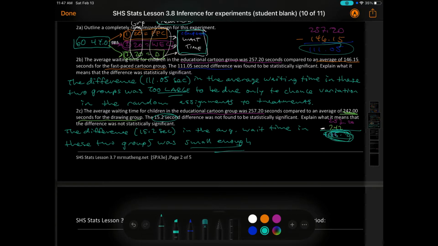We're saying this number, 15.2, was small enough that it could be due to chance variation in the random assignments to treatments.